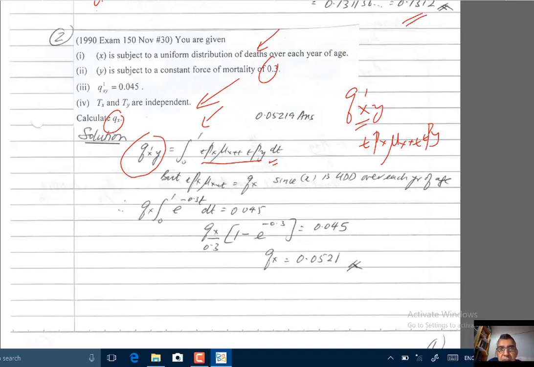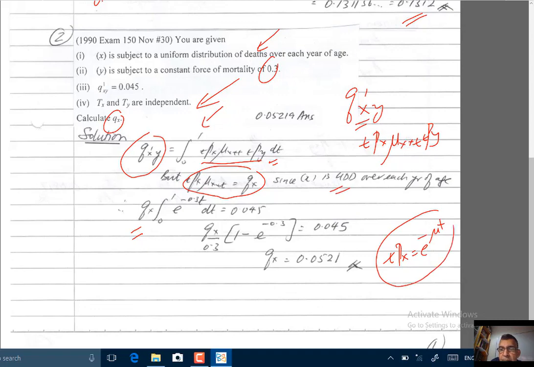Now we know that X is subject to a uniform distribution of deaths over each year of age. From LifeCon 1, we know that TPx mu x plus t is Qx, because x is UDD over each year of age. So we can take out the Qx, and then remember, for constant force, TPy is e to the power minus mu t. That's the formula we learned last time.